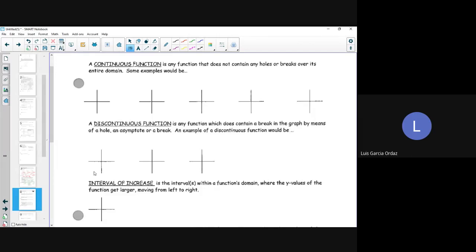All right, so now we're going to move on to continuous and discontinuous functions. Remember, a continuous function is any function that does not contain any holes or breaks over its entire domain. So what are some examples of a continuous function? A parabola, because it continues upwards or downwards. A linear function, that's the easiest one. Absolute value.